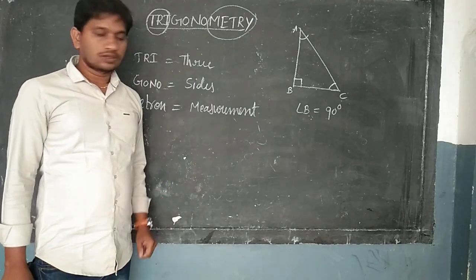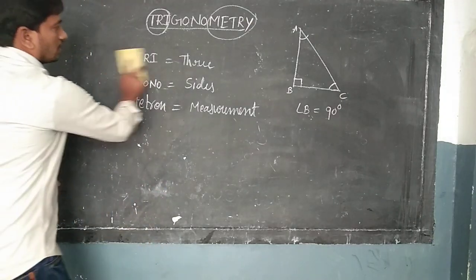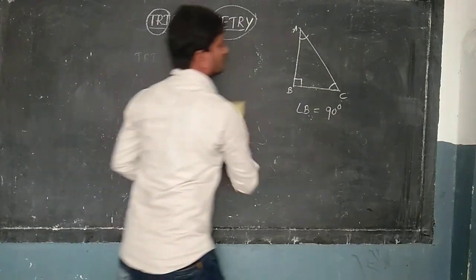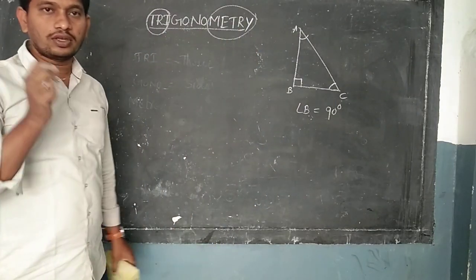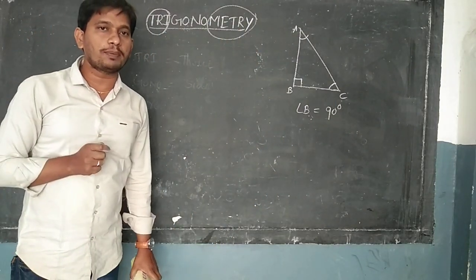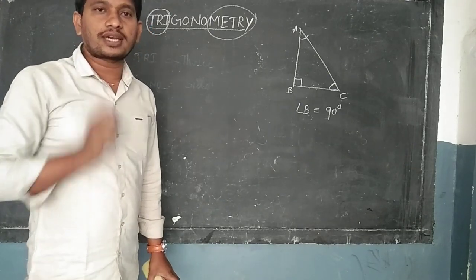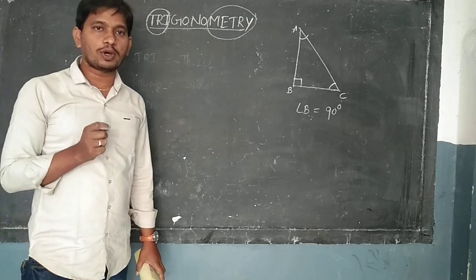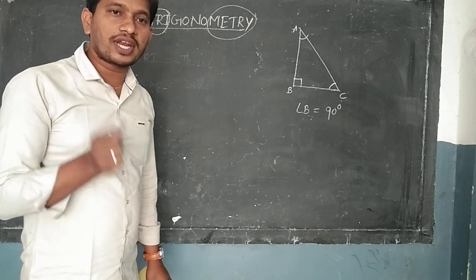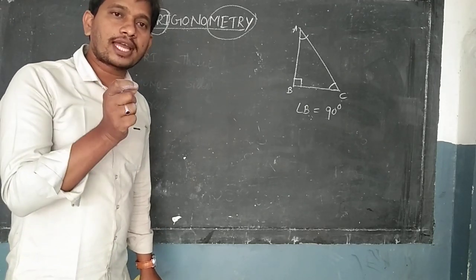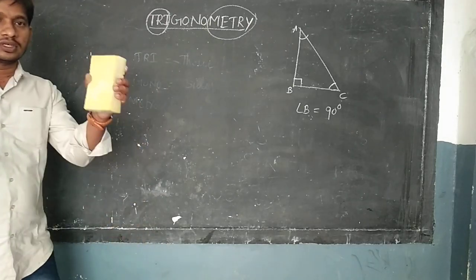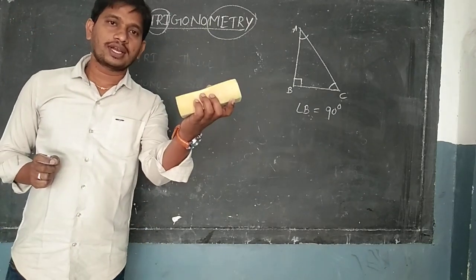Now, in this chapter, we will study the ratios of sides of a right angle triangle.